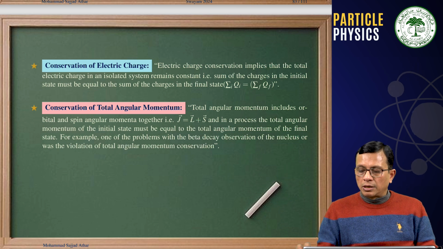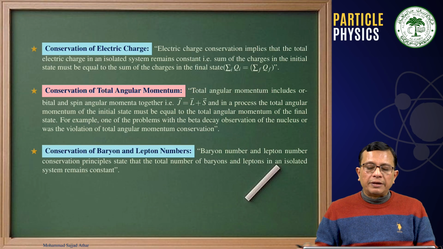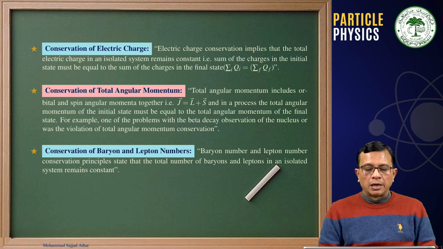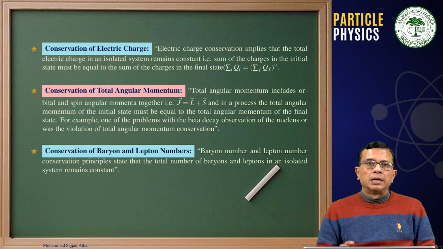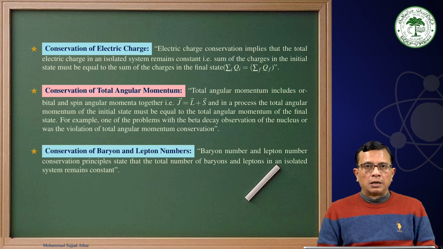Then finally, we have already discussed in great detail the conservation of baryon and lepton numbers. Therefore, this is how we consider the conservation of quantum numbers in particle physics.